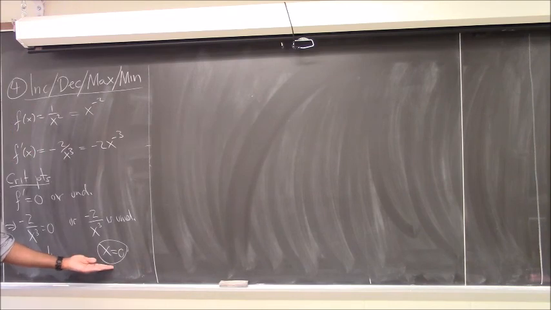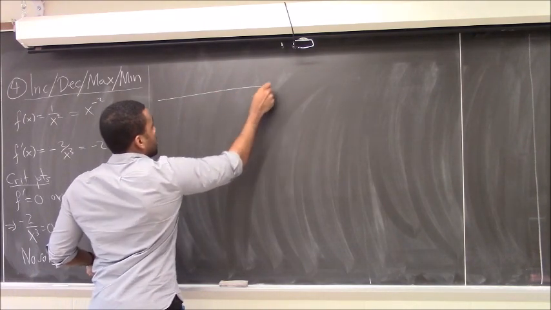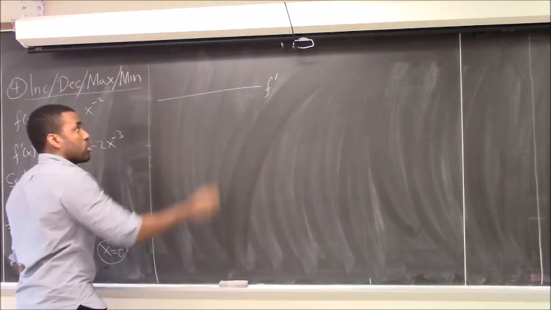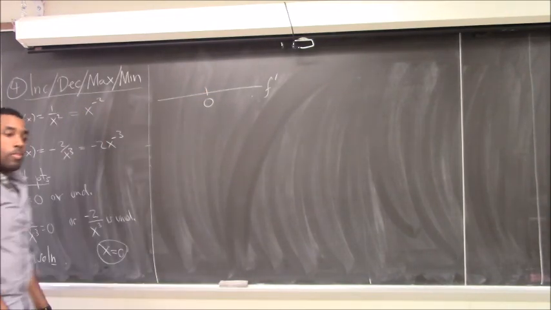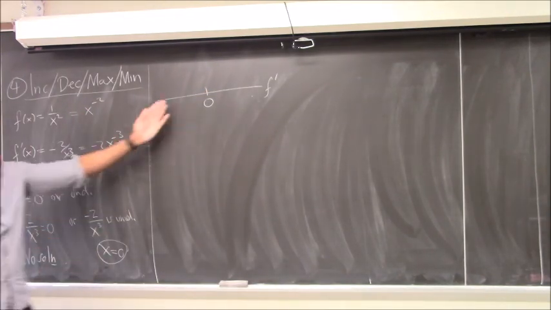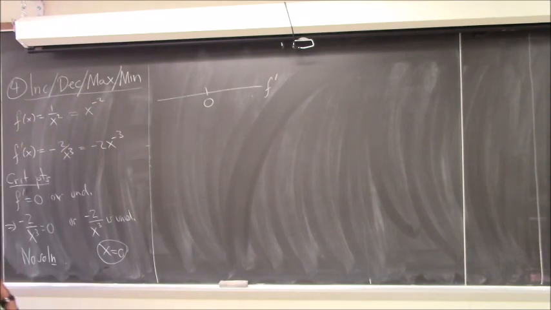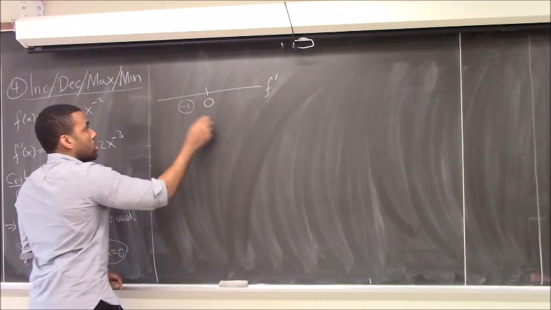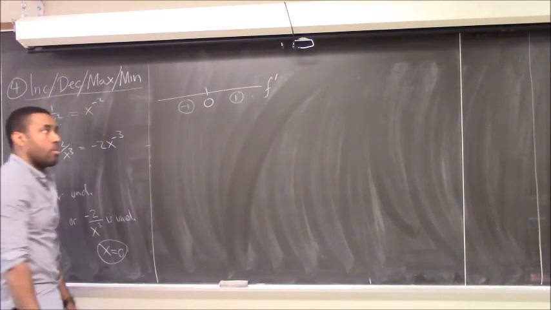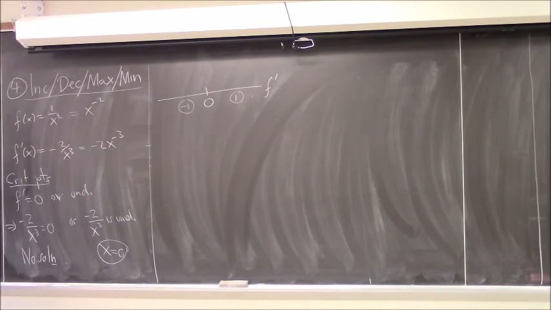Now that I found that critical point, I'm going to test it on a number line plugging into the first derivative. So I'm going to plot 0, and I'm going to plug in any random number to the left and to the right of 0. So I can pick minus 1 and positive 1, and plug that into the derivative.